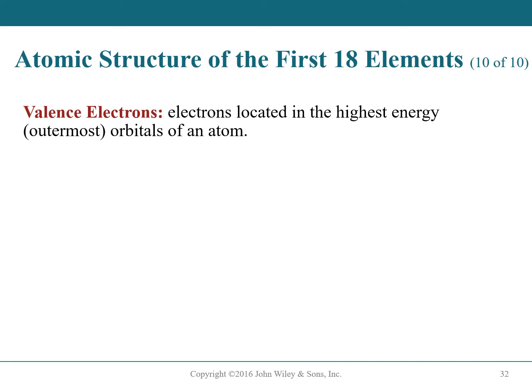So valence electrons are those electrons located in the outermost orbitals. If you look at, let's say, sodium, sodium was 1s2, 2s2, 2p6, 3s1. Now, how do I know this?